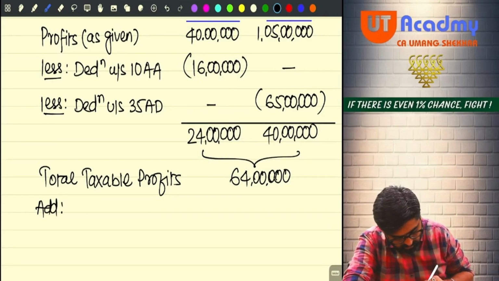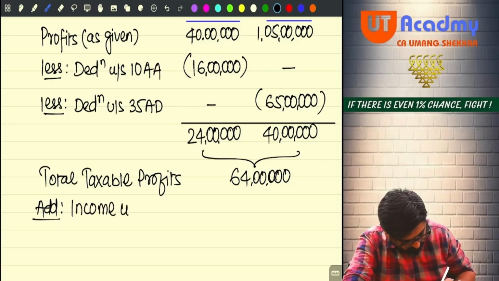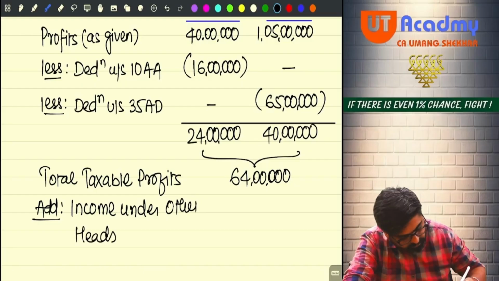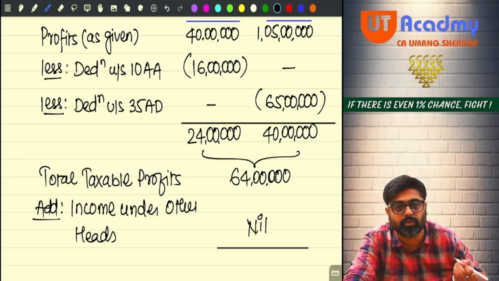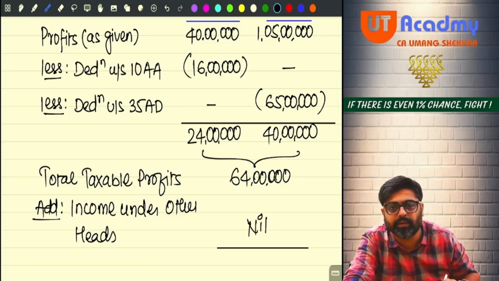Now add income under other heads. No such income is given, sir. Other heads income was not given in the question. Okay.